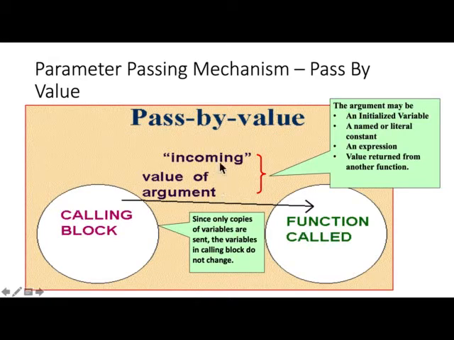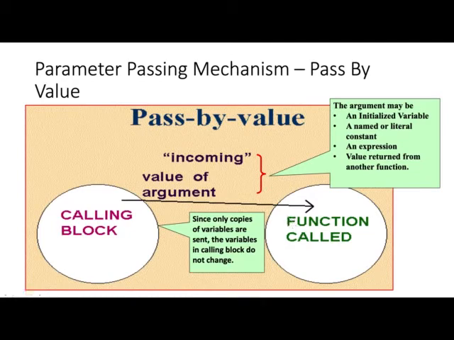And incoming value to the function being called can be an initialized variable. It could be a named or literal constant. It could be an expression. It could be a value returned from another function. But the key is the value should get finalized before the value gets out of the calling block, because a copy has to be made inside that argument here.